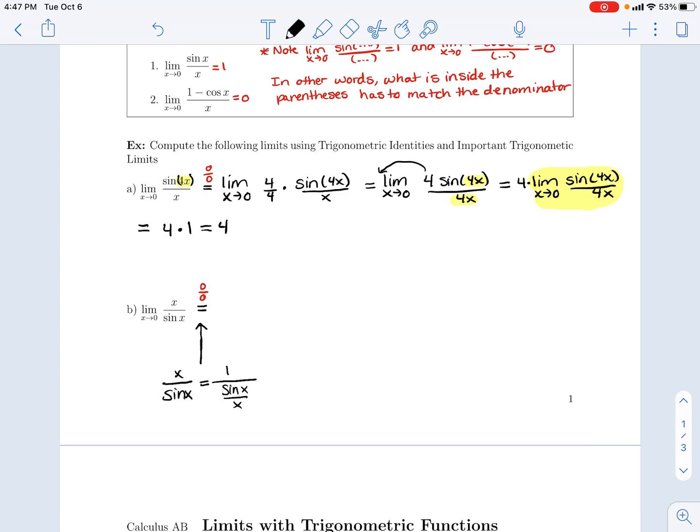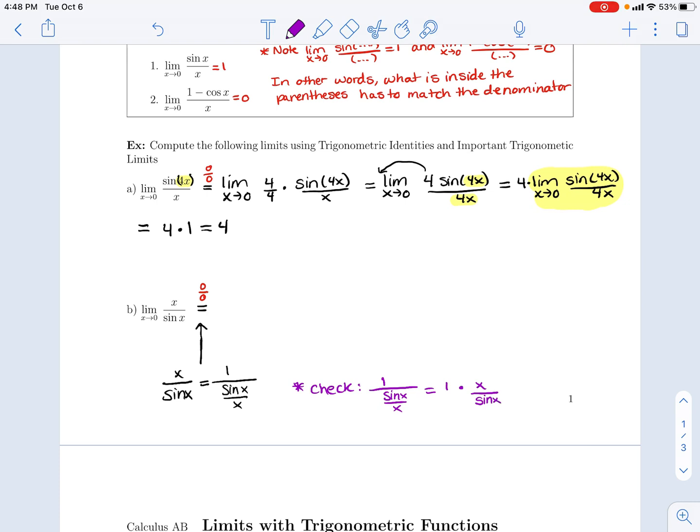And so I'm not sure if we're completely convinced of this. If you're not, let's just check it. I'm going to say, okay, well, 1 over sine of x over x is equal to 1 times, let's multiply by the reciprocal, right?